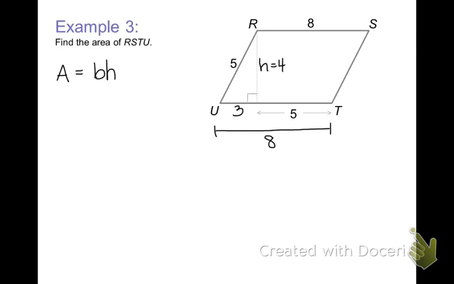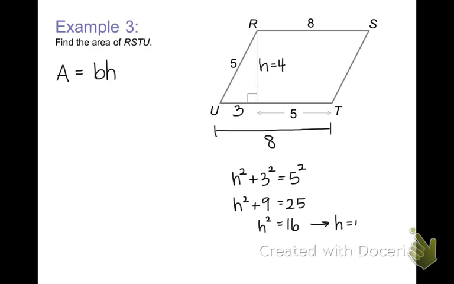And you'll do Pythagorean theorem and set this up as h squared plus 3 squared equals 5 squared. Solving that, we get h squared plus 9 equals 25. So h squared equals 16, which means that h equals 4. So you can show that work and get to the same exact answer as the Pythagorean triple.